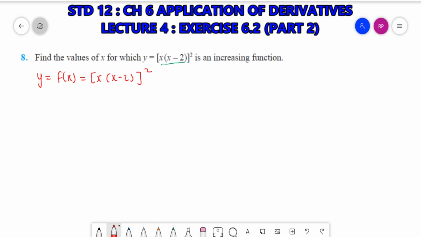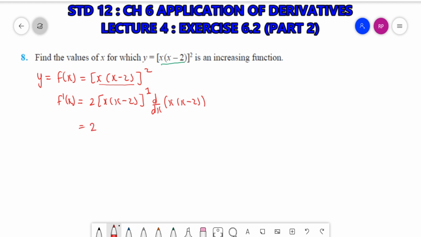Okay, so now f dash x will be equal to 2 into x minus 2 raised to 1, means if I take this as x square, 2x into d by dx of x into (x minus 2).